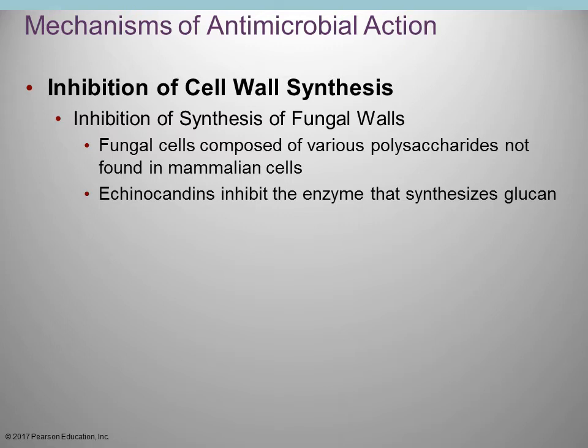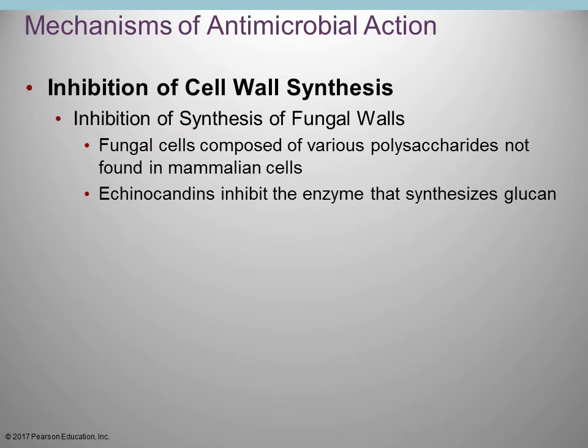Inhibition of the synthesis of fungal cell walls. Fungal cells do have a cell wall. It is not made out of peptidoglycan, so it's going to be different than bacteria. And animal cells do not have a cell wall at all. So it is possible to find antimicrobial drugs that are effective by interfering with the cell wall synthesis of fungi.